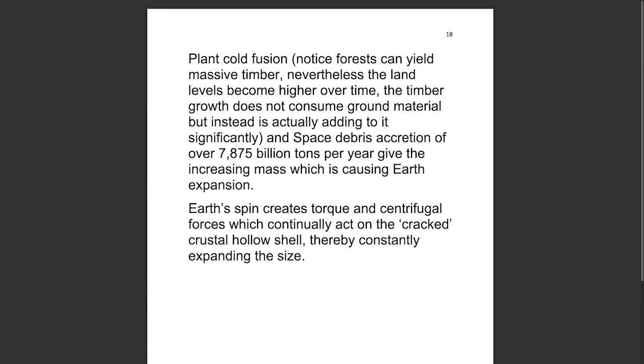So add those two together and you have a massive increase constantly every year in the mass of the Earth. It's growing exponentially. The Earth's size is constantly growing.